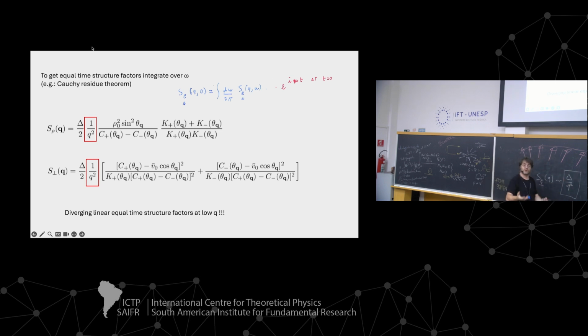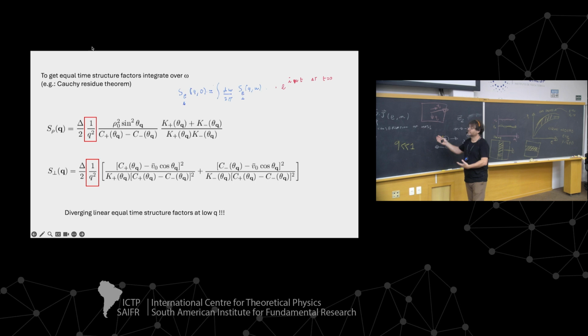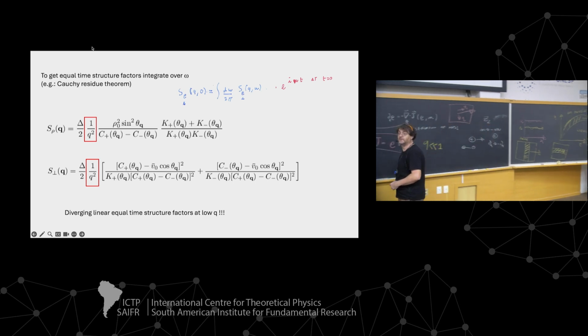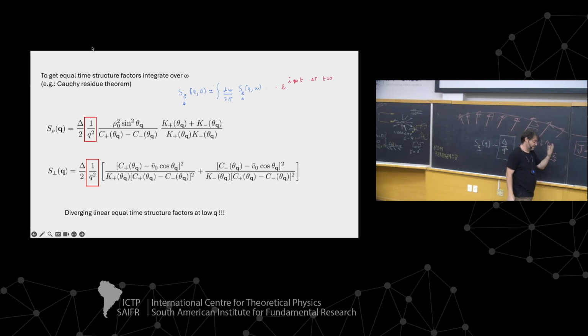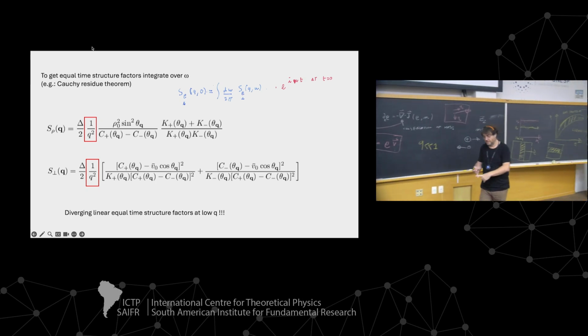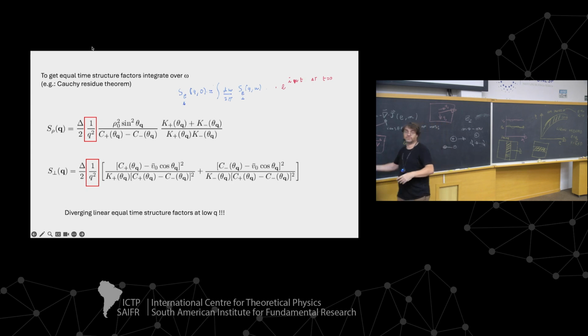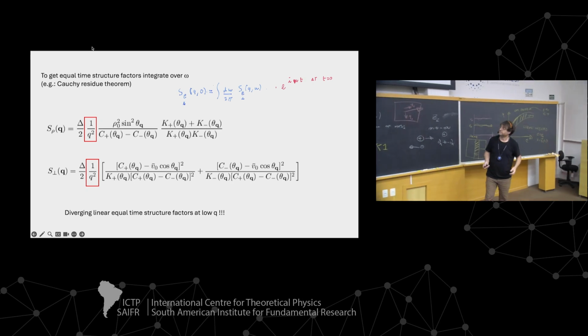Now, if you remember, this is all I told you was going to happen. I mean, we spent almost 1 hour trying to justify at the linear level the properties I gave you in the previous lecture. Okay? Linear instability of the threshold and the structure factor, which has this power law divergence in 0.